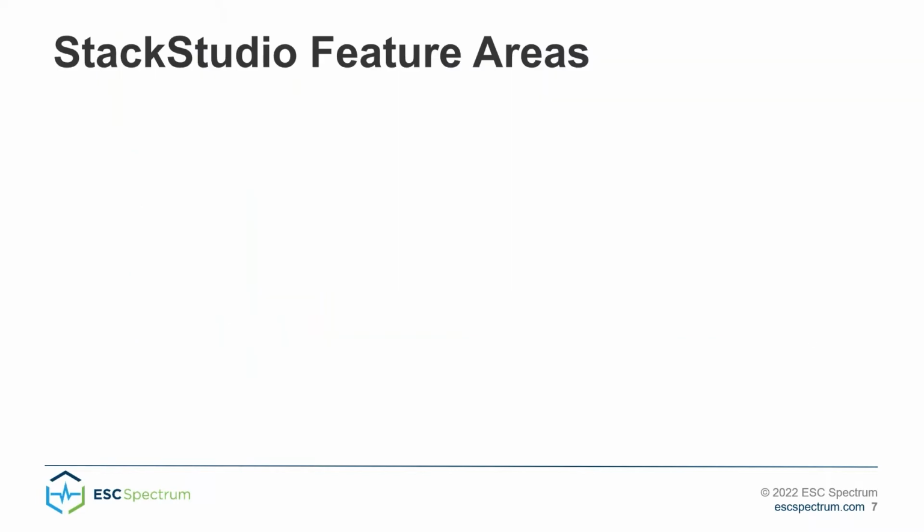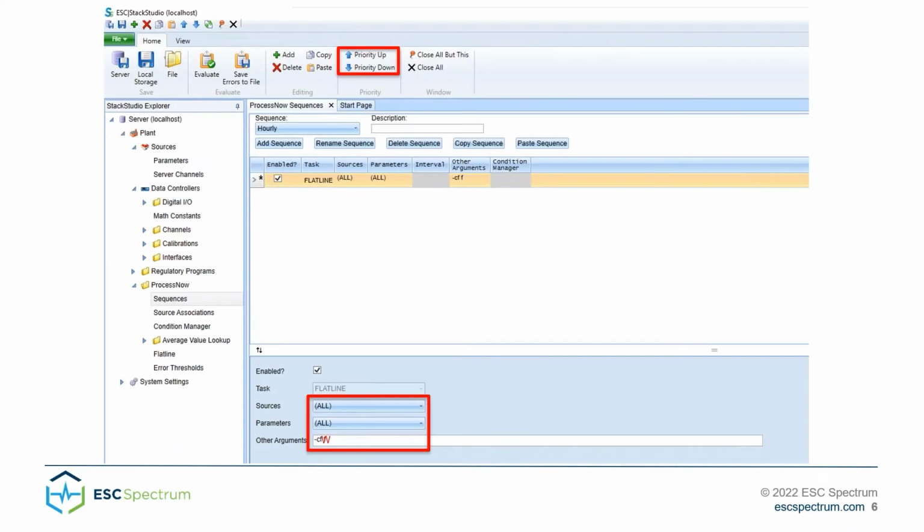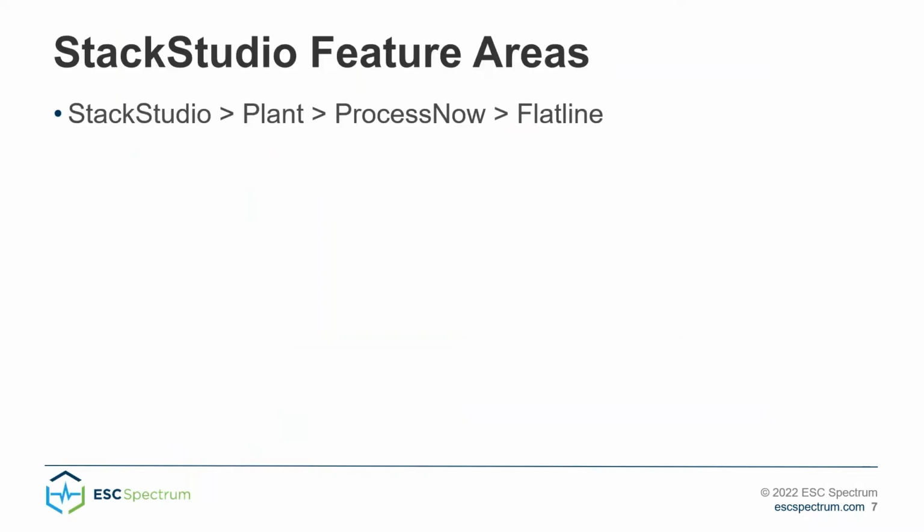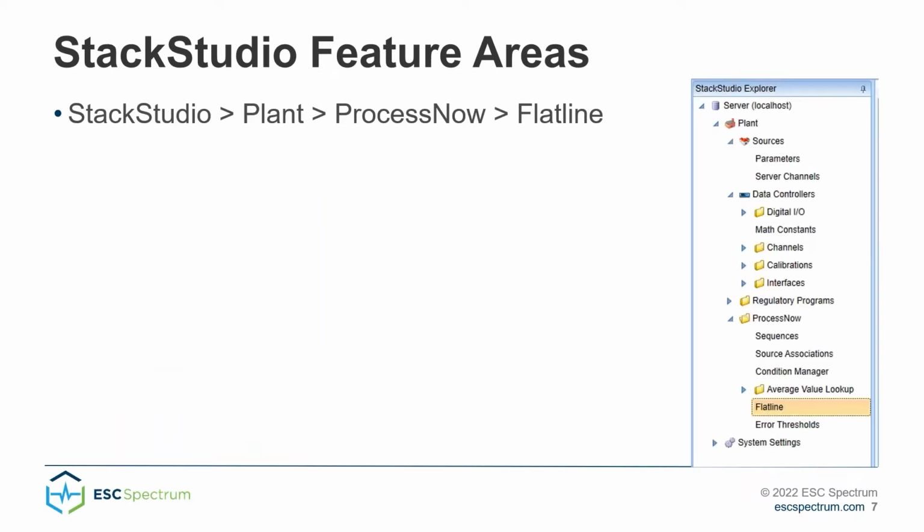With the source and parameters here, you can just select all. The reason is because this is only one part of setting up the Flatline tool. The other part is going to be in its own separate section, which is under StackStudio Plant ProcessNow Flatline. Over in the selection tree, it's in the same folder as ProcessNow, but it's closer to the bottom.